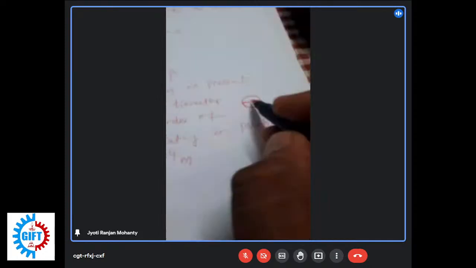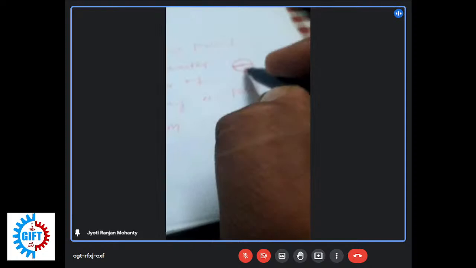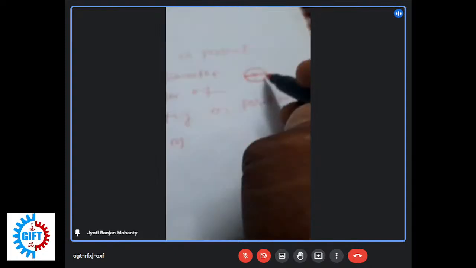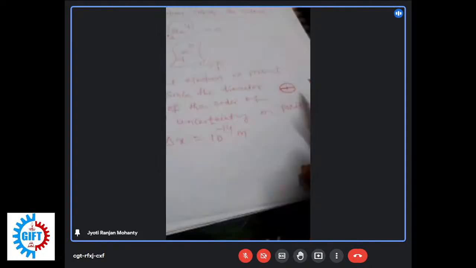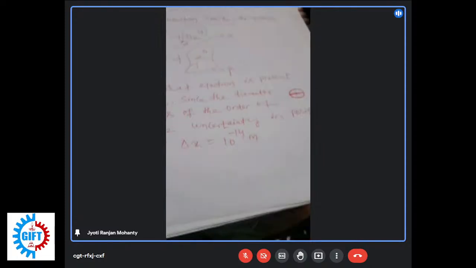Means electron is present somewhere, maybe this diameter, maybe this diameter. So we can say the uncertainty in position of the electron is 10 to the power minus 14 meter.